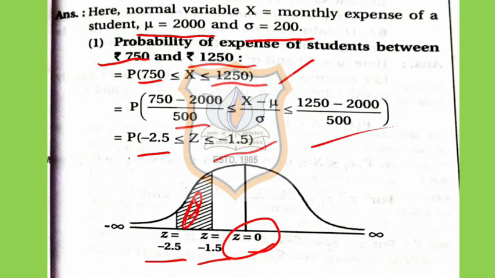So what we have to do, in the z table we have area from z equal to 0 to z equal to 2.5, and we have the area from z equal to 0 to z equal to minus 1.5. So we will first find the area from 0 to minus 2.5, then we will find the area from 0 to minus 1.5, and then we'll subtract.